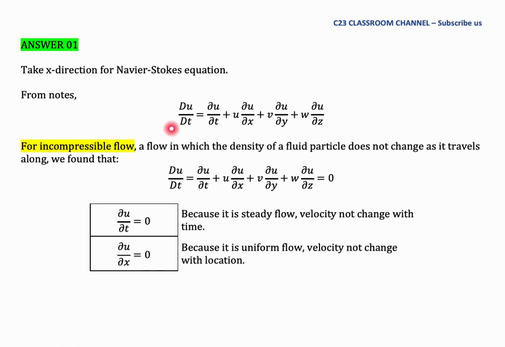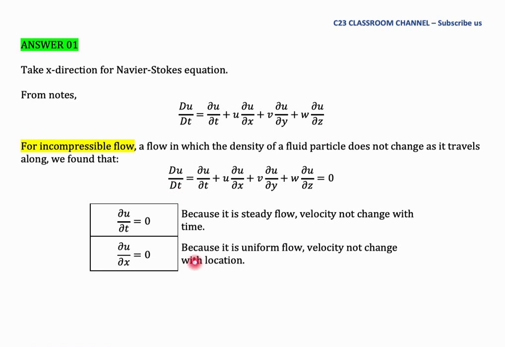From notes, we know that a part of the Navier-Stokes equation will have this term. And for incompressible flow, a flow in which the density of a fluid particle does not change as it travels along, we found that du over dt is equal to 0.